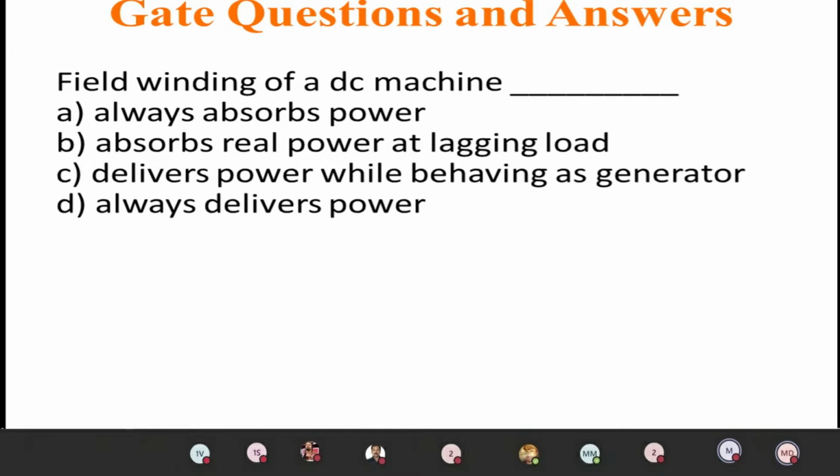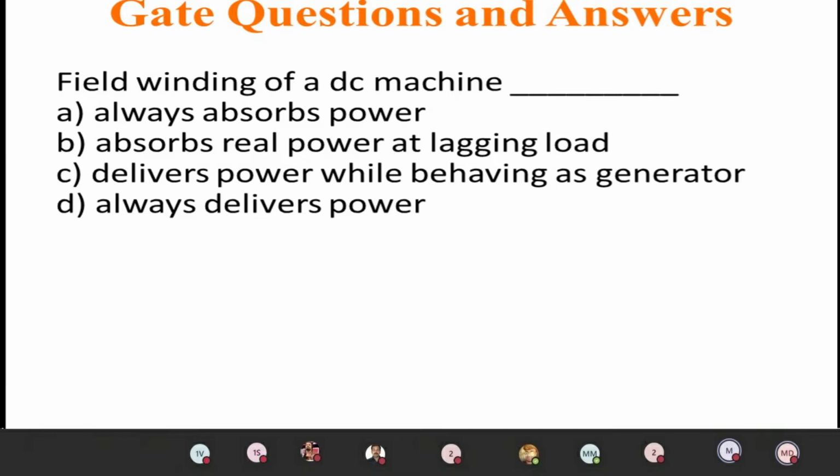Field winding of a DC machine. In a conventional generator, the pilot excitation is nothing but a small DC shunt or a small DC machine connected along with the main generator to produce the DC supply to energize the main field winding.